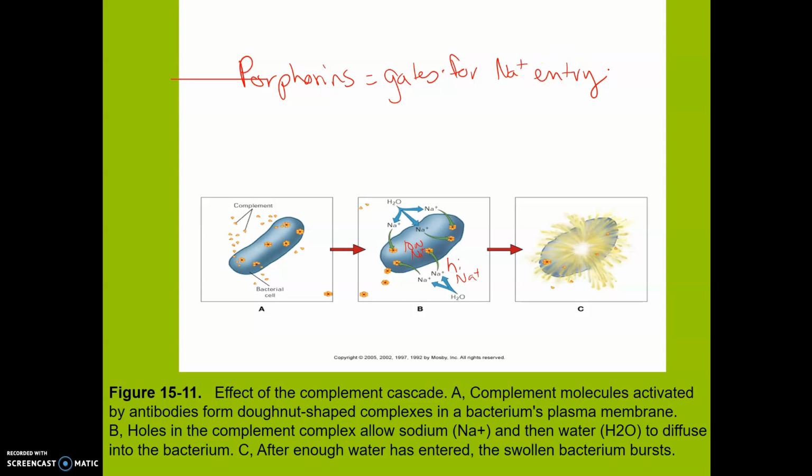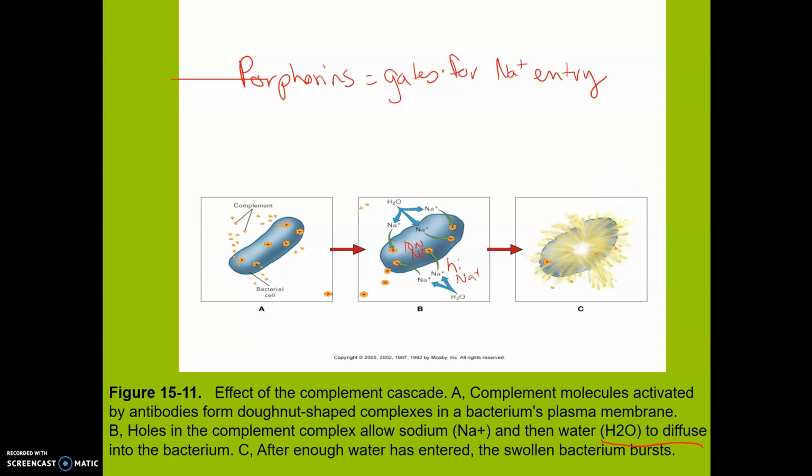Nothing else can go through except for water and sodium. Once sodium goes through, though, water is going to follow it through osmosis, right? Water will diffuse down its concentration gradient into the hypertonic environment, and psh, the bacterium bursts.